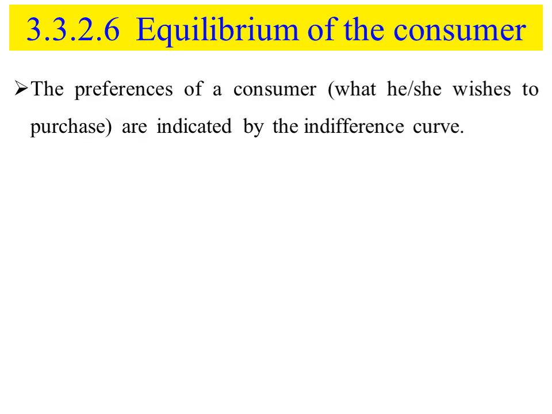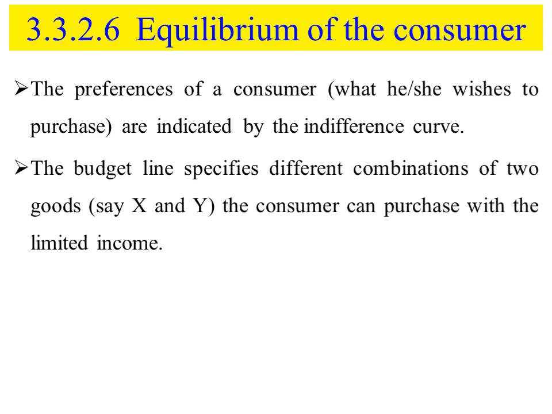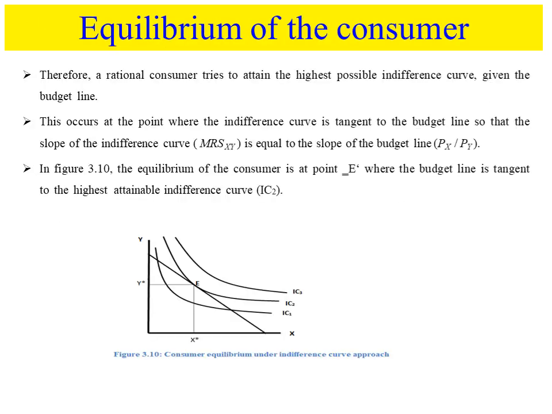The equilibrium of the consumer. The preferences of a consumer, that is, what he or she wishes to purchase, are indicated by the indifference curve. The budget line specifies the different combinations of the two goods, X and Y, as we discussed in the previous video, that the consumer can purchase with a limited income.